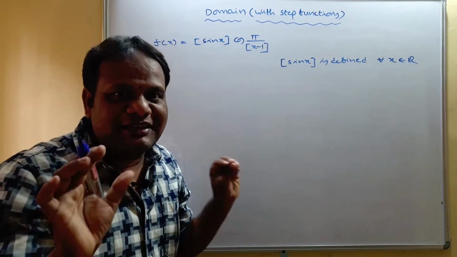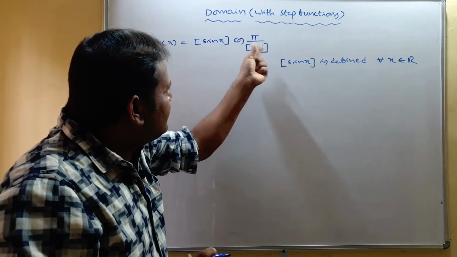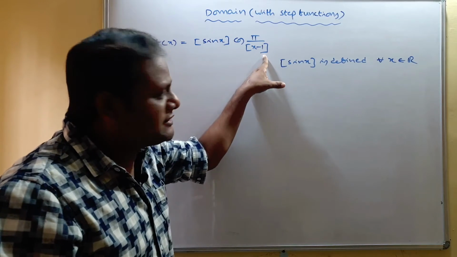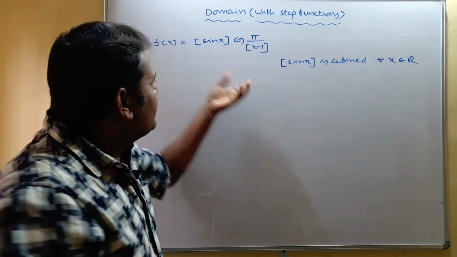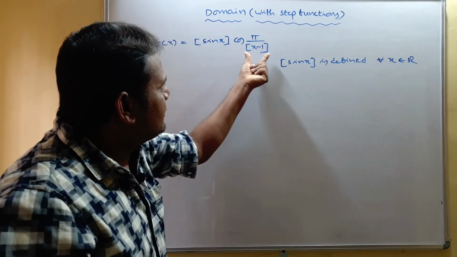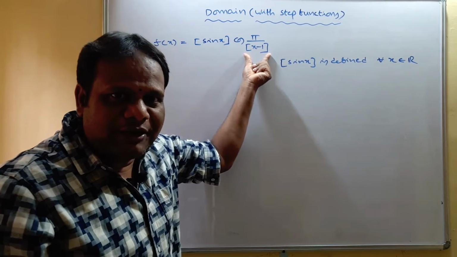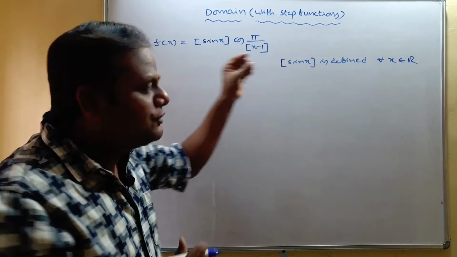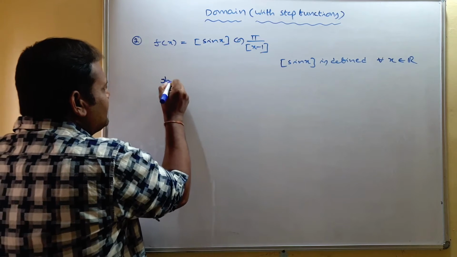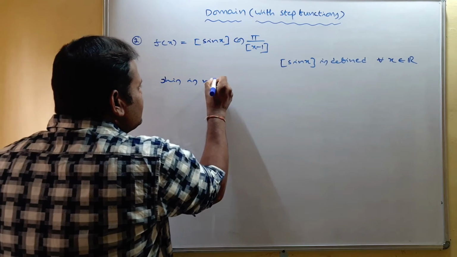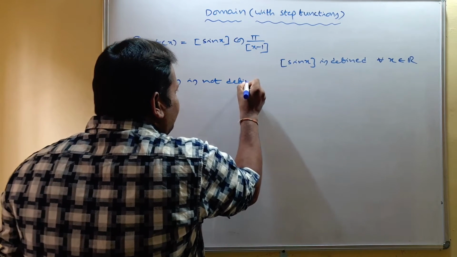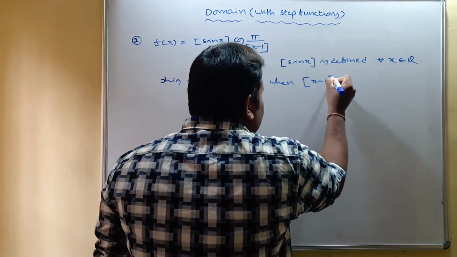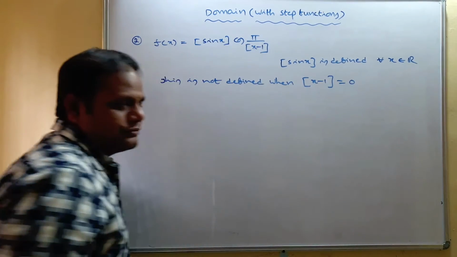But here the important thing is, in the angle we have the denominator, that is [x] minus 1. If this denominator is 0, then this function is not defined. So this is not defined when [x] minus 1 is equal to 0.